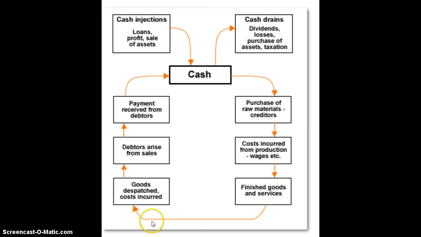And then now we have money going into this pool of cash. So this is the opposite. So what types of things are going into this pool of cash? So we have goods dispatched, costs incurred, debtors arise from sales. So basically just selling the products, and obviously if you sell a product, you get money out of it.